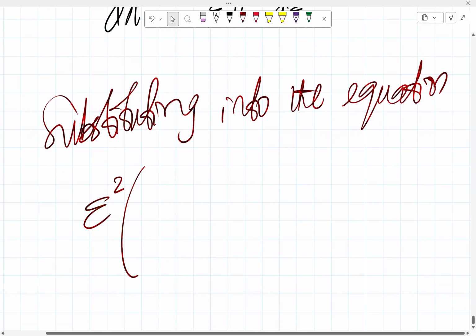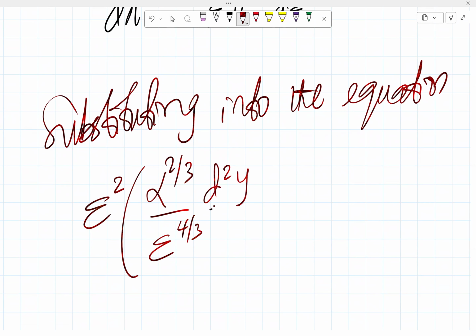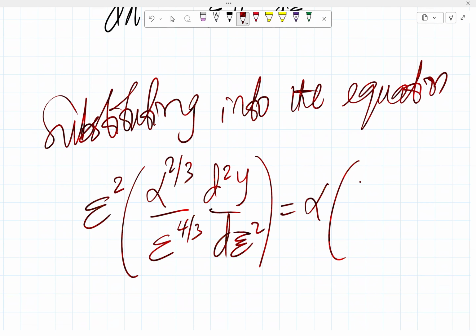So epsilon squared alpha raised by 2 over 3, epsilon raised by 4 over 3, d squared y, d psi squared. So epsilon and psi, we have to take note, and that is equal to alpha into epsilon raised by 2 over 3, alpha raised by 1 over 3, then psi multiplied by y.